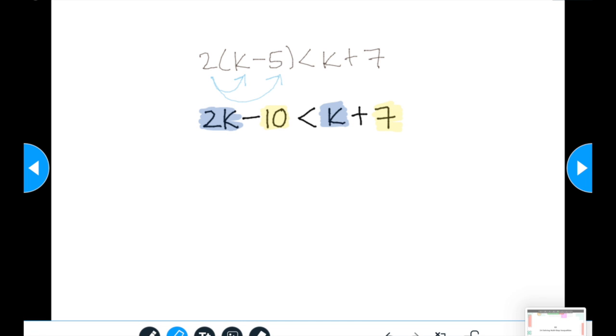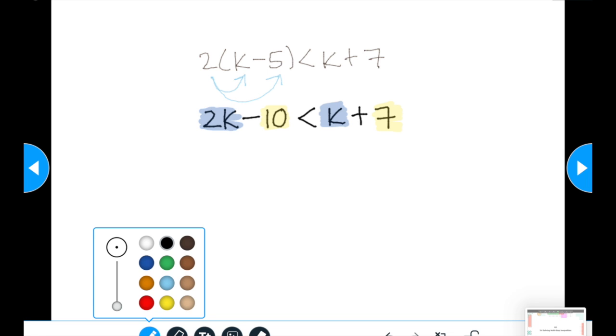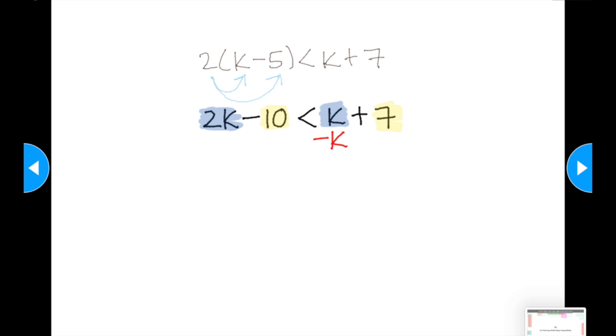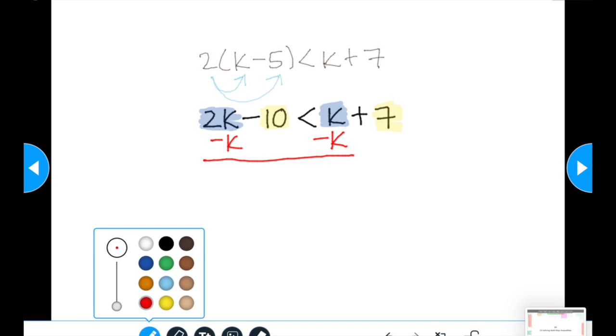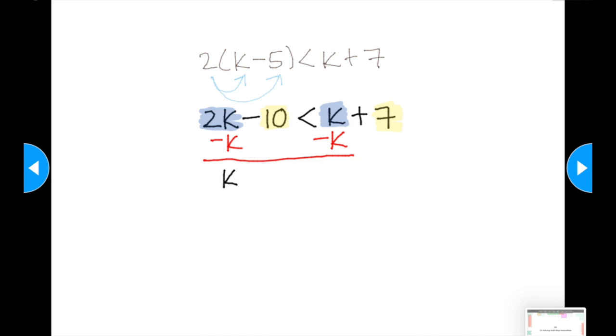So I'm going to start off with the k's first, combining those by subtracting k on both sides. When I do that, I get 2k minus k, which gives me positive k, minus 10, and then these two cancel out, and I'm left with positive 7.